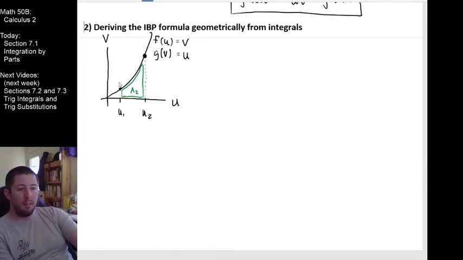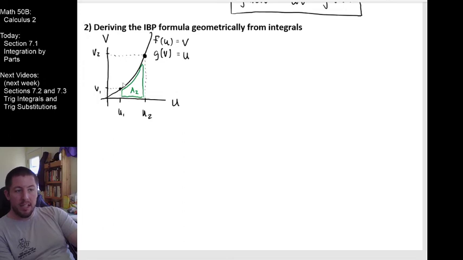The other region of interest for us is this. The other way that we could think about this is, if you plug u1 into the f function, you're going to get out v1, and if you plug u2 into the f function, you're going to get out v2. So another thing we could do is take a sideways integral here, thinking about the g of v function.